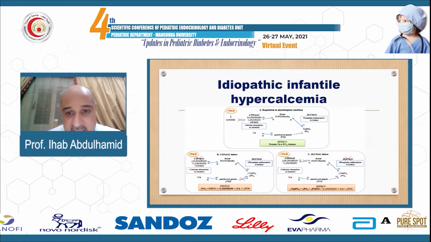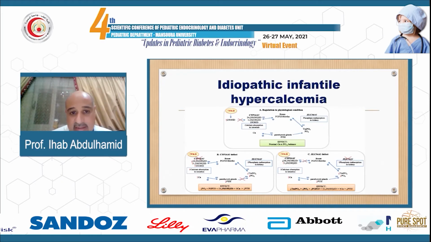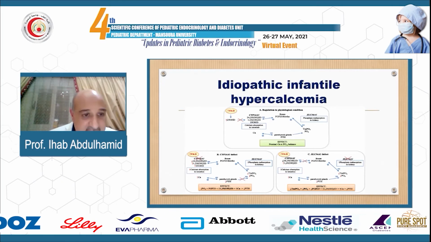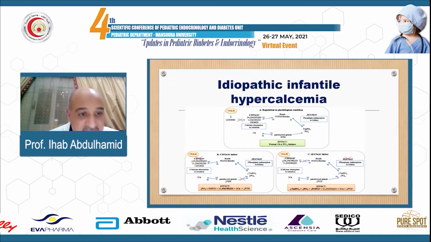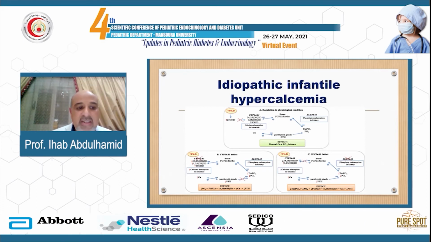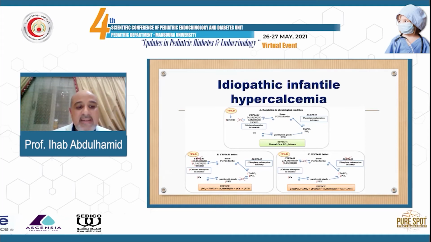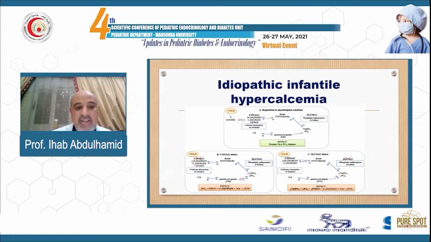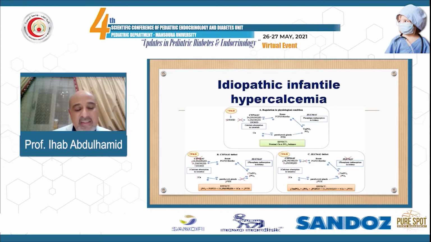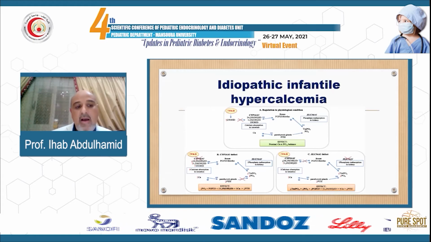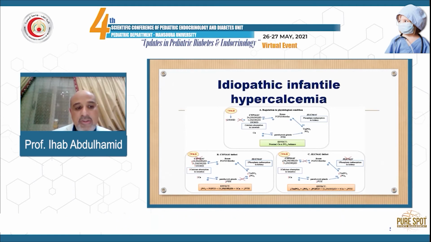The first one is a mutation in the CYP24A1 gene, which produces the 24-hydroxylase enzyme, which is responsible for degradation and breakdown of 125, the active form of vitamin D. If this mutation is present, there will be no degradation of 125, leading to an increase in 1,25-dihydroxy vitamin D, which will lead to hypercalcemia.